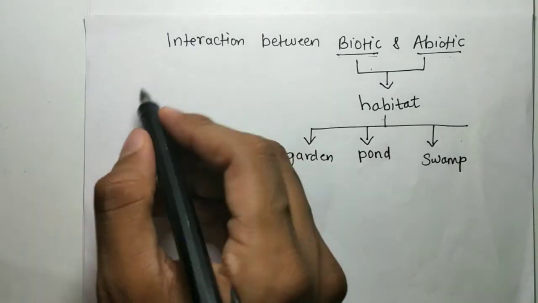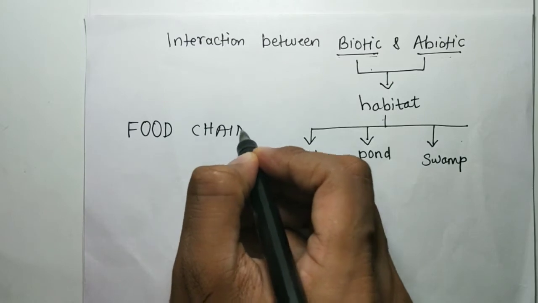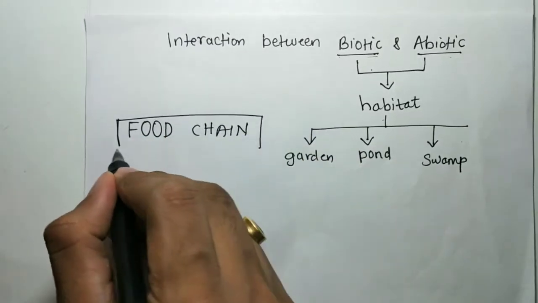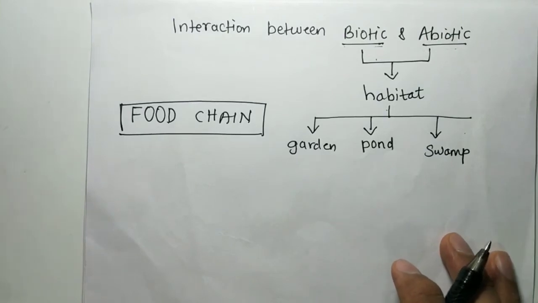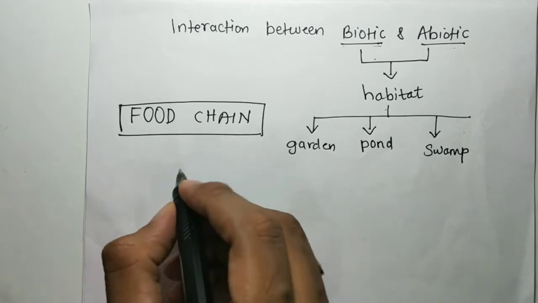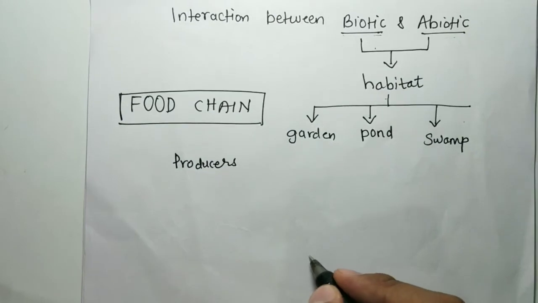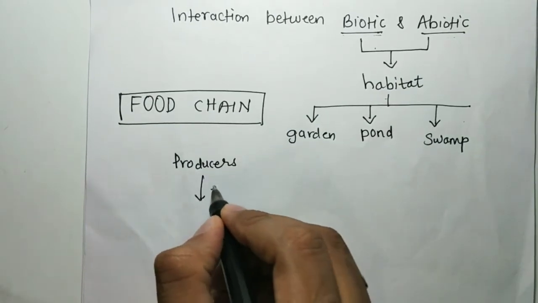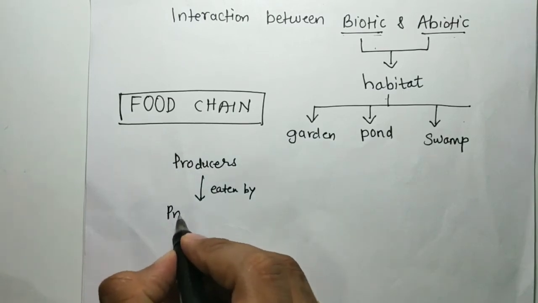Now, the next important topic is food chain. What is food chain? Let me give you a representation. Food chain means producers make their food. These producers are eaten by primary consumers.